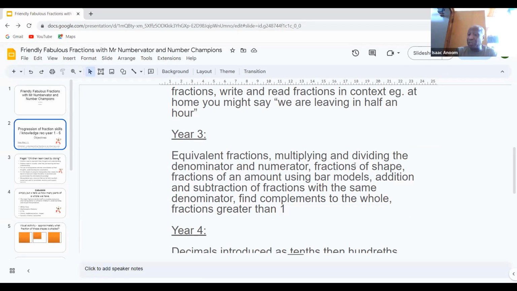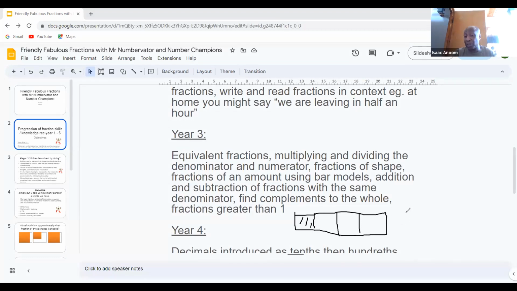Fractions of an amount using bar models. So you've got a rectangular bar and you split it into a certain number of pieces. If I've got a rectangle here, it's not a perfect rectangle, and I'm going to divide my rectangle into 4 equal parts, and I'm going to take one of these.